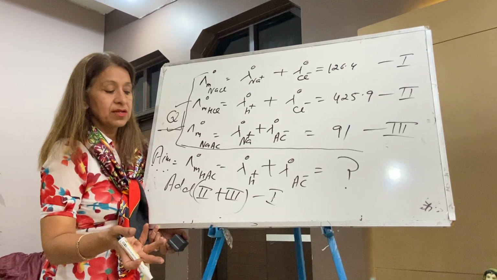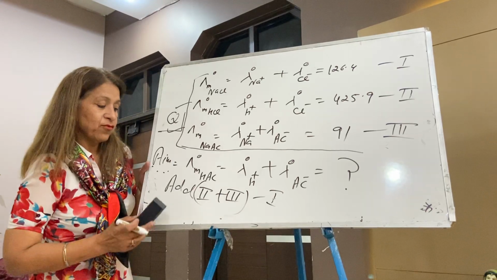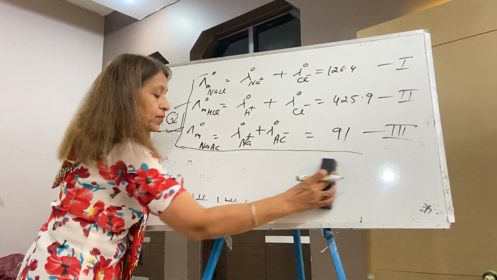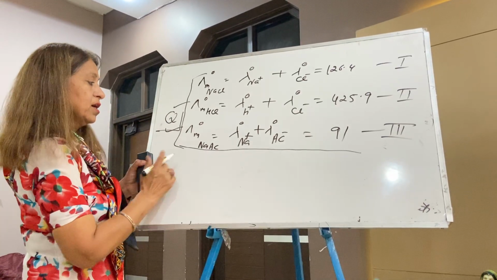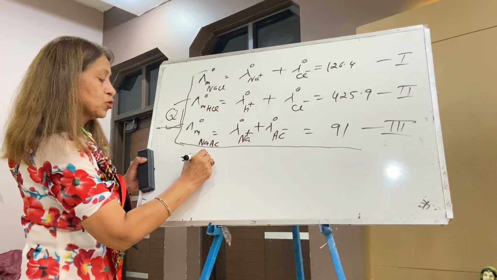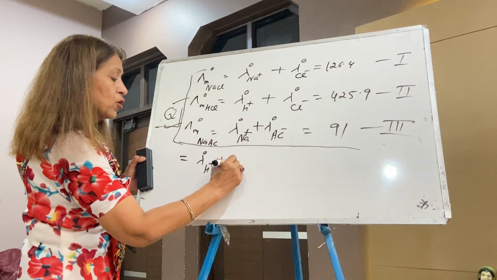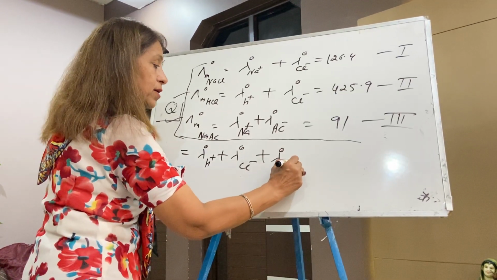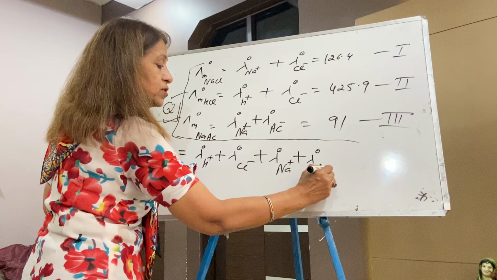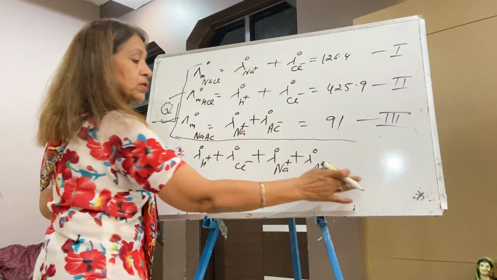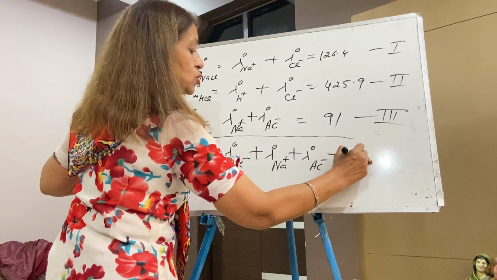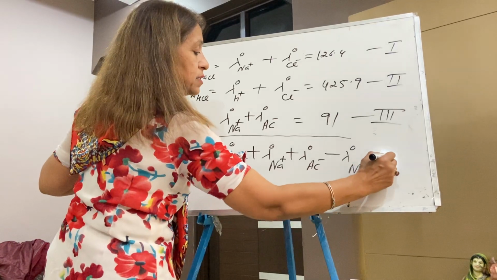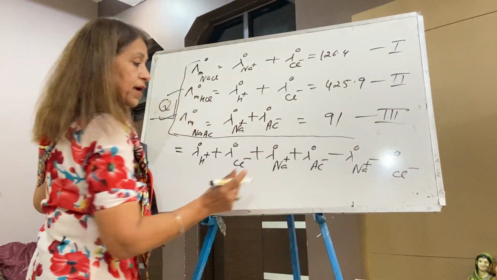Where your aim ions are present, always add those equations and subtract the rest. Add 2 plus 3: 2 is lambda naught of H ion plus lambda naught of Cl ion, plus lambda naught of sodium ion plus lambda naught of acetate ion, minus the first equation, minus lambda naught of sodium ion minus lambda naught of Cl ion.